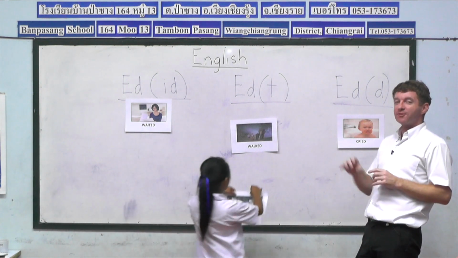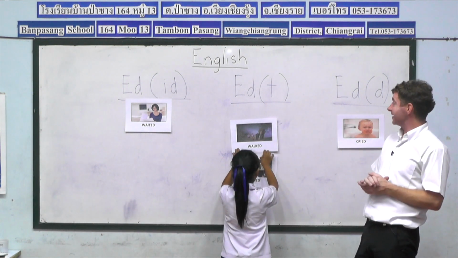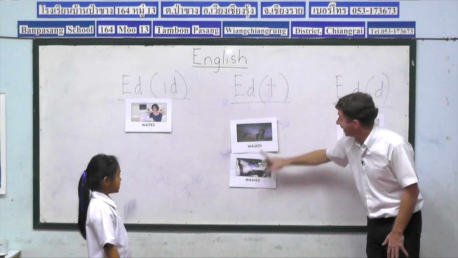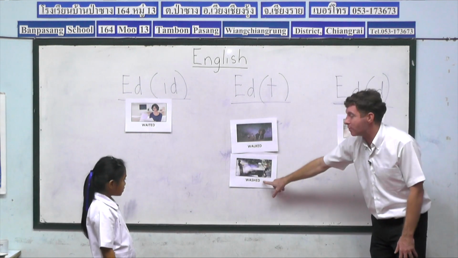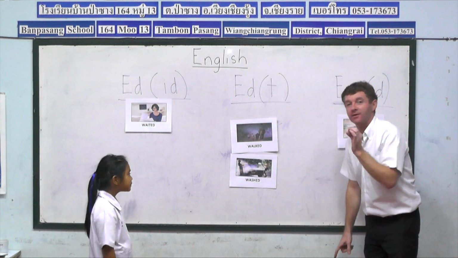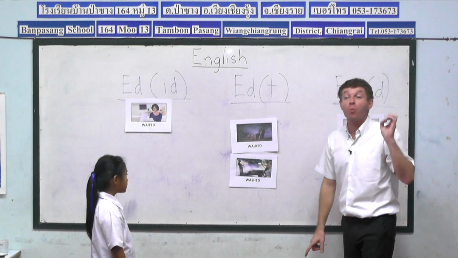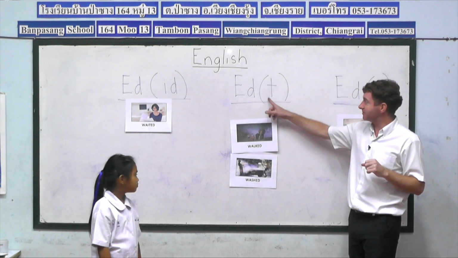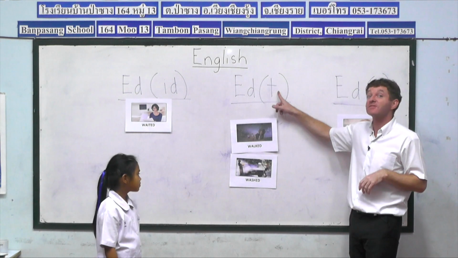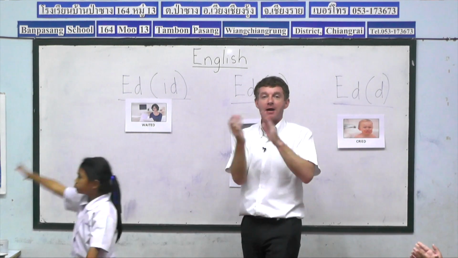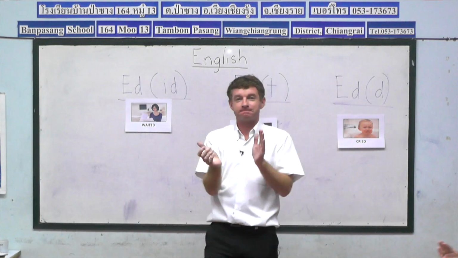Have to be careful because sometimes it can sound like the D, but washed is like D as T. So one more time. Excellent. Washed. One more time, guys. Washed is the correct pronunciation of ED as the T sound. So well done, Pak Bung. High five. Big round of applause for Pak Bung.